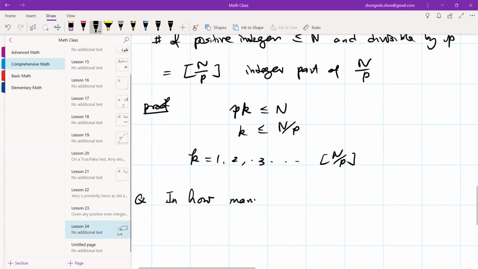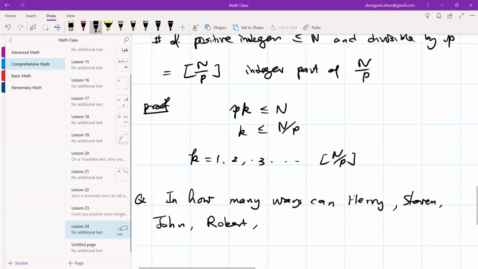In how many ways can Henry, Stephen, John, Robert, yeah, I have too many people here, and this is May, and Connie line up, right, so that no two of the three boys are next to each other.